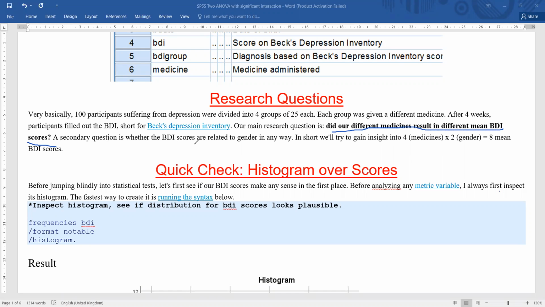The secondary hypothesis is that the average BDI for male and female is significant or insignificant. So these two hypotheses are shown in this research question, but the third hypothesis is not here, and that hypothesis is the hypothesis of interaction.